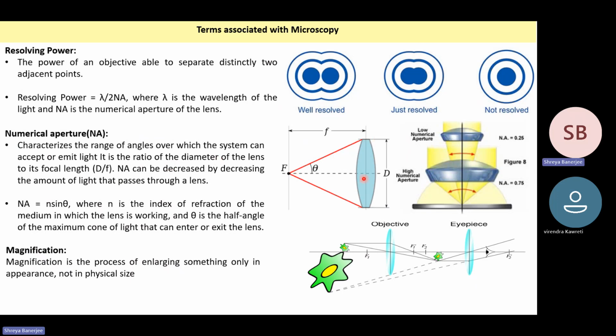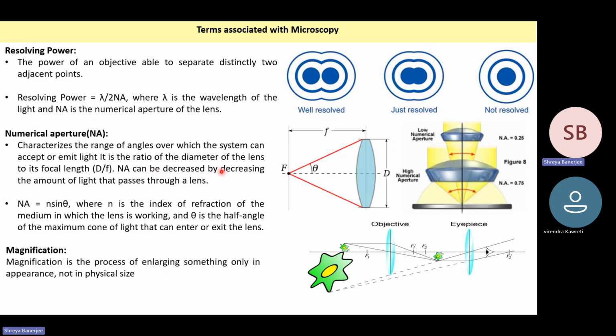So if you have a lens here and you have light passing through the edges of the lens and getting focused at a certain point F, numerical aperture is defined as the ratio of the diameter of the lens, that is D, divided by the focal length, that is the length from the middle of the lens to the focal point. So D divided by F is the value of numerical aperture.